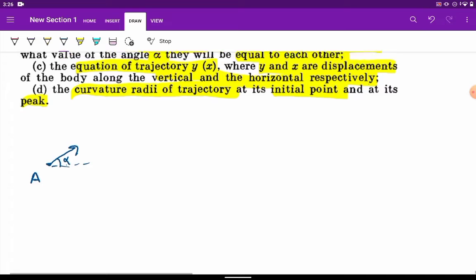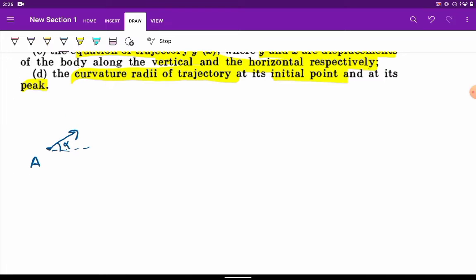Now one thing, we'll assume it is being thrown towards the right direction, let's consider this as right and this as left for now.